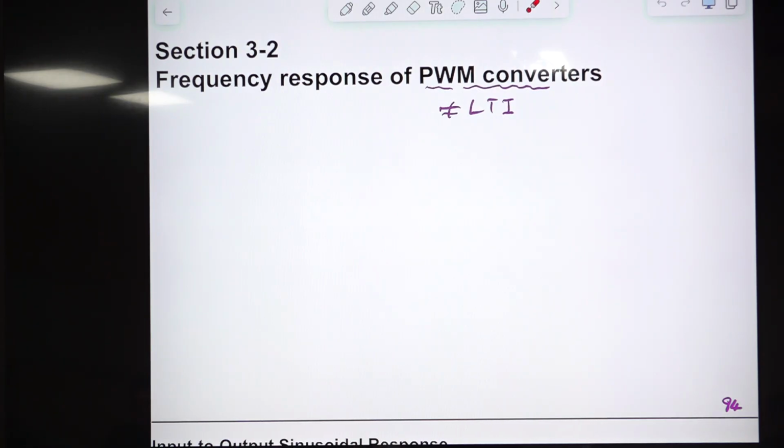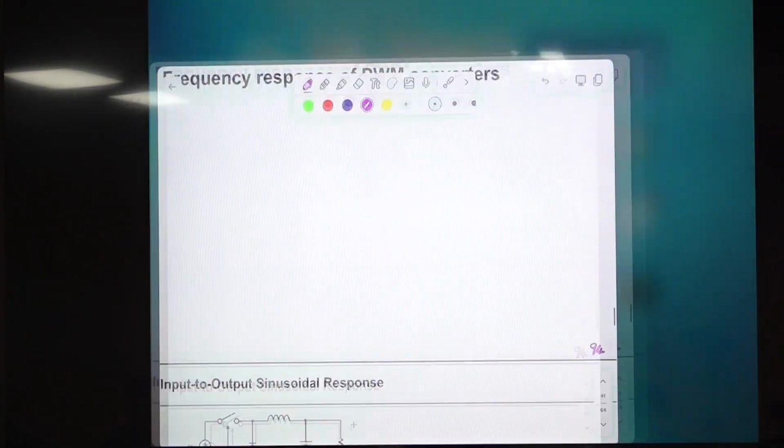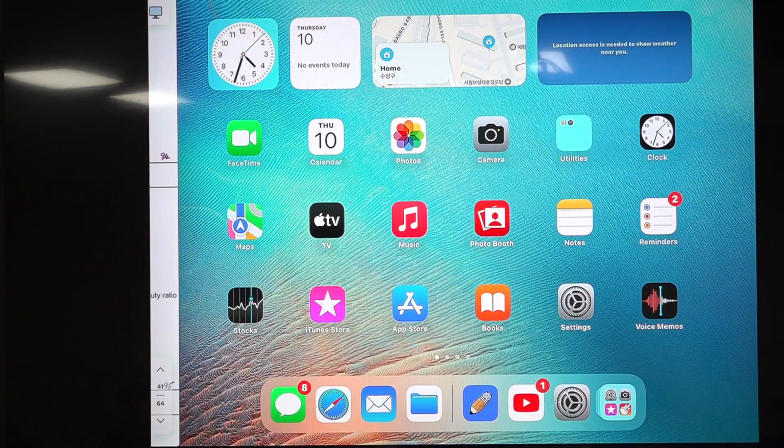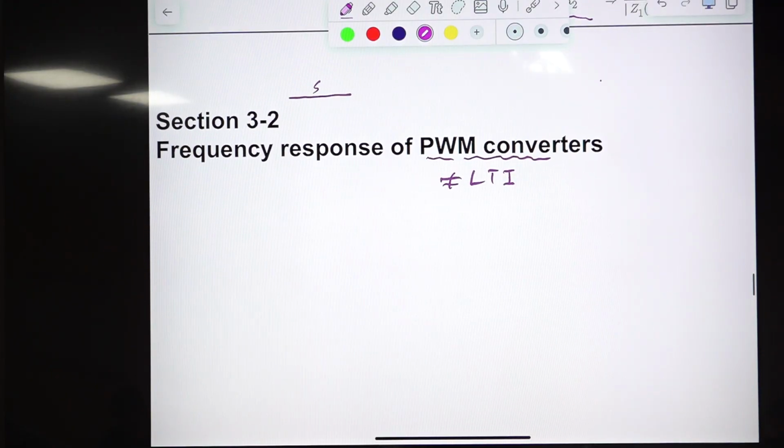Suppose we have this kind of transfer function: s divided by 1 plus s divided by Q omega naught plus s squared divided by omega naught squared.